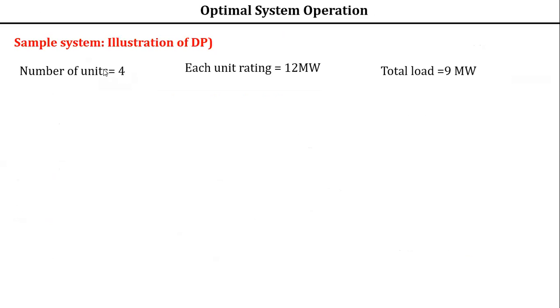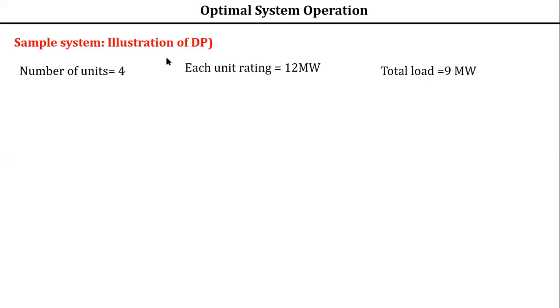So to illustrate dynamic programming, we have taken the number of units as 4. There are totally 4 units. Each unit rating is 12 megawatt and the total load is 9 megawatt.